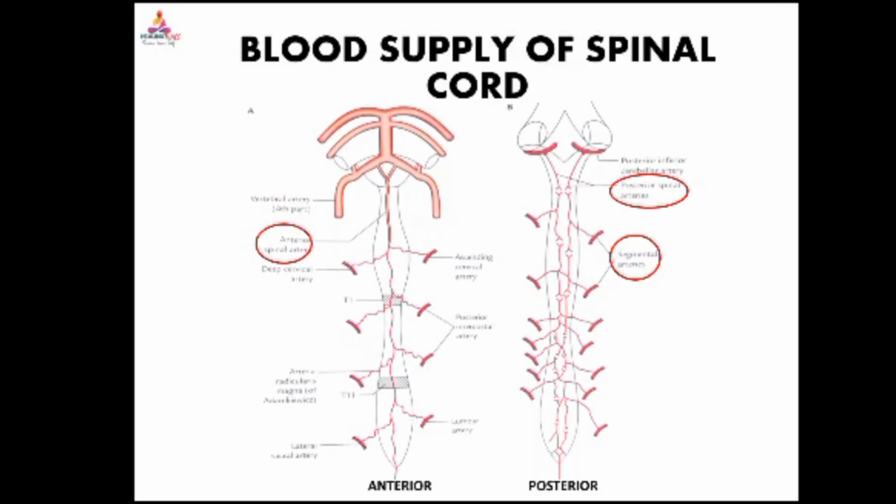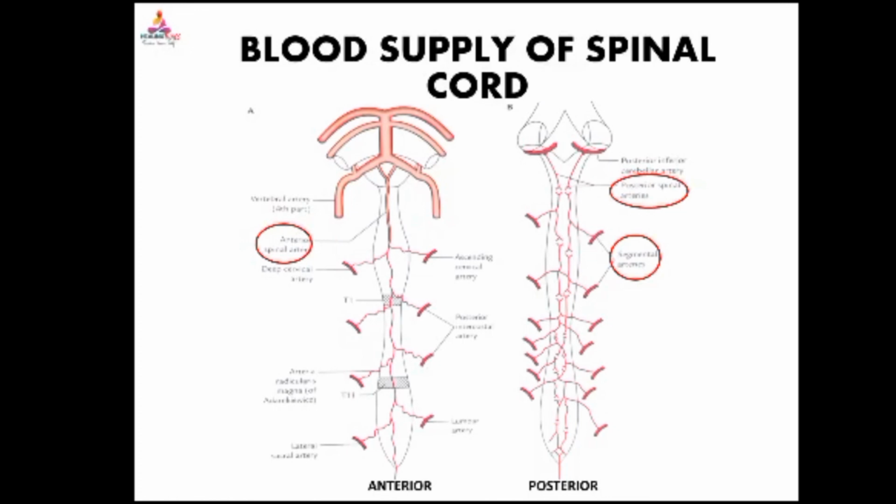After reaching the spinal cord, these reinforce the anterior and posterior spinal arteries to form five longitudinal arterial trunks. The radicular arteries are regular serial reinforcements to the spinal arteries.